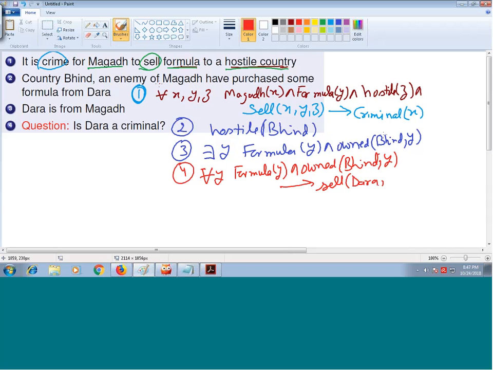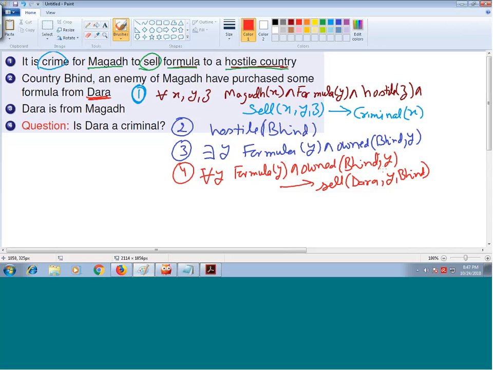Dara. Bhind has purchased some formula from Dara. So Dara has given Y to Bhind. This is the fourth information that I have.